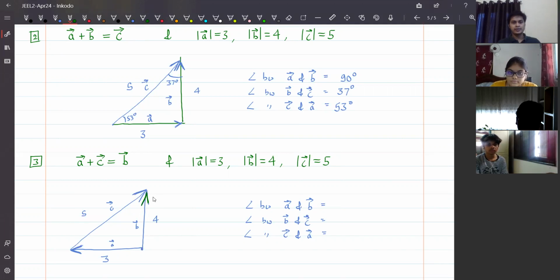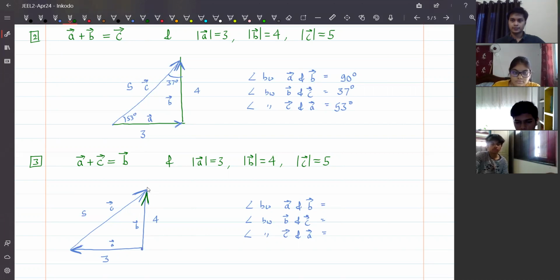So tell me the angle between A and B. But B vector should be the hypotenuse, right? No, it is not necessary. B vector is 4, so it cannot be the hypotenuse. C is 5.